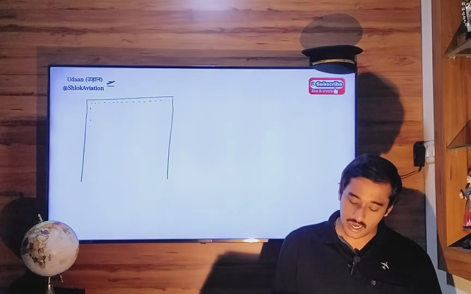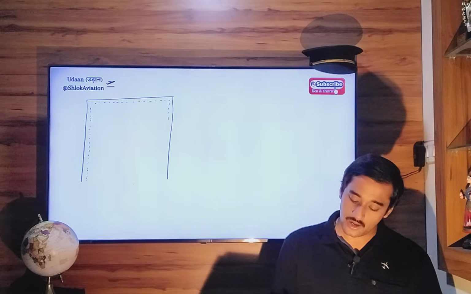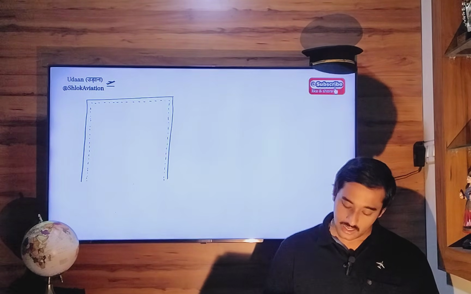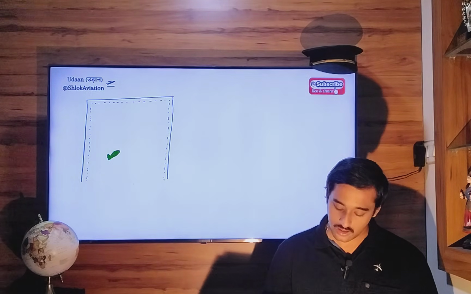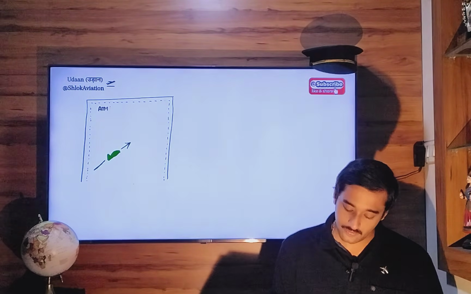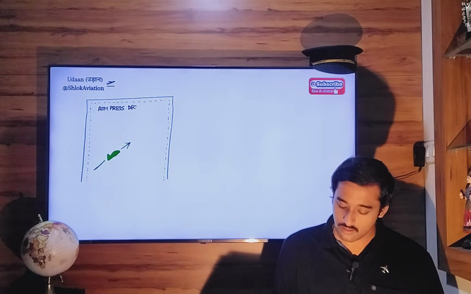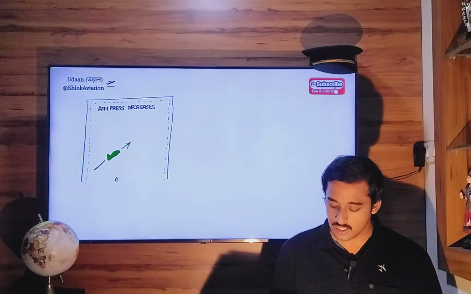As you fly from lower altitudes to higher altitudes, atmospheric pressure decreases. At lower altitudes, atmospheric pressure increases.